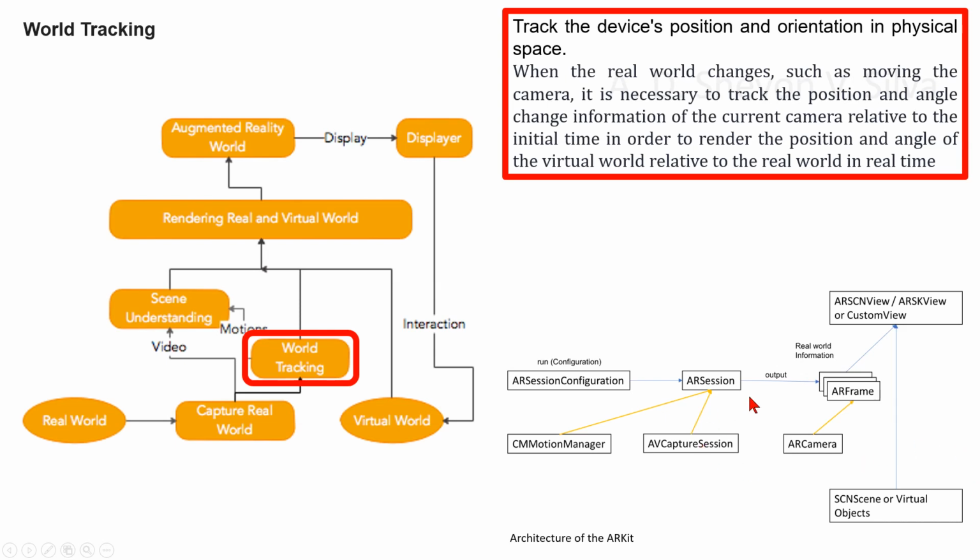The AR session, configuration, AR frame, and AR camera are the main classes in the ARKit API and can be divided into 5 different categories: world tracking, virtual world, capture real world, scene understanding, and rendering.